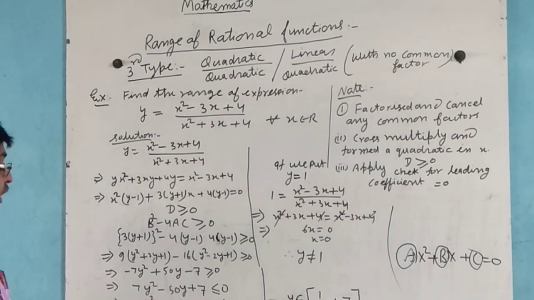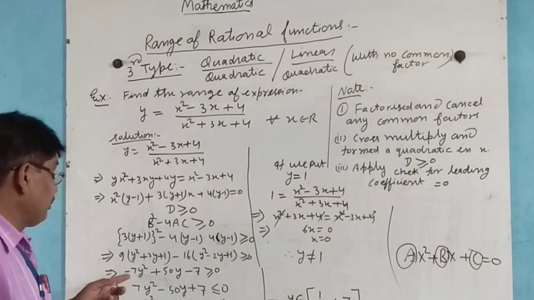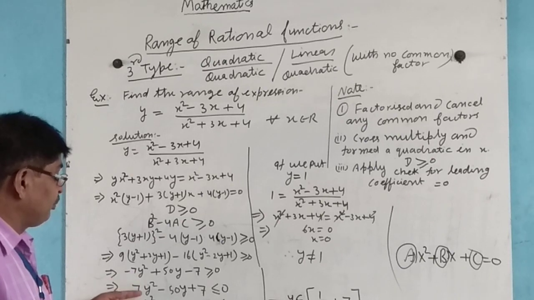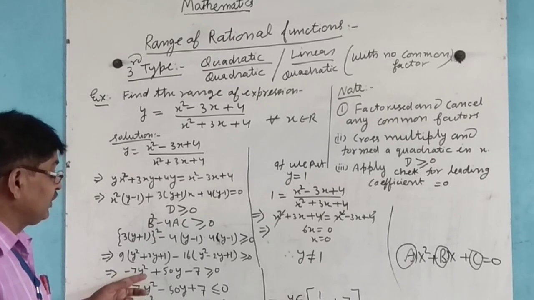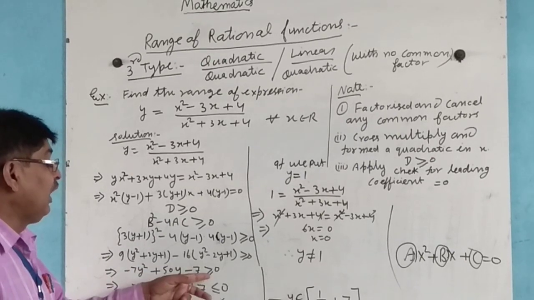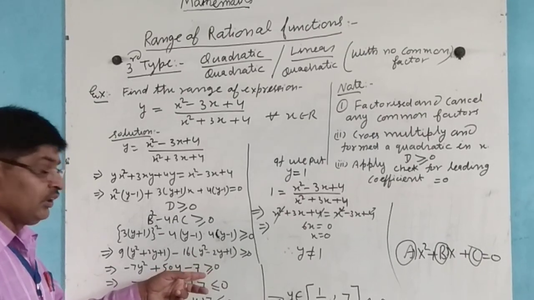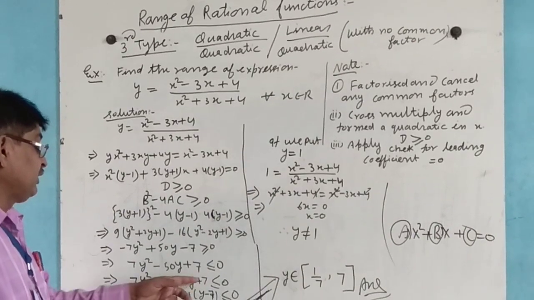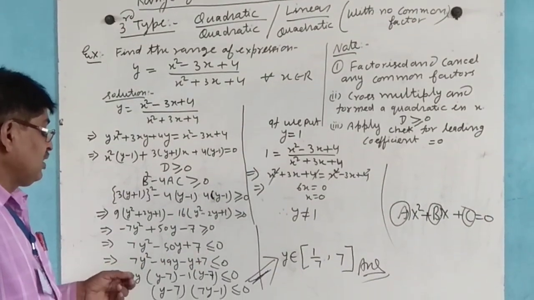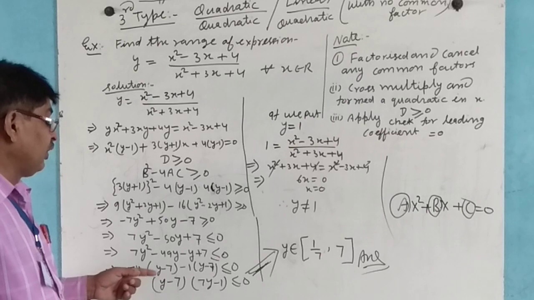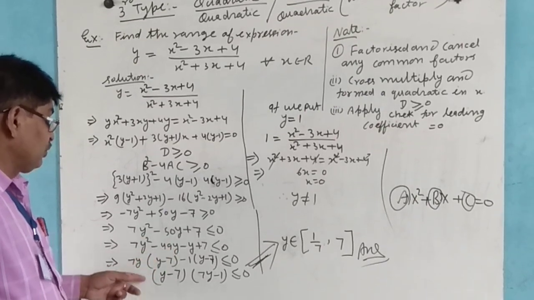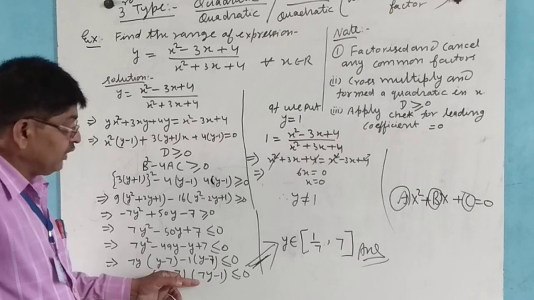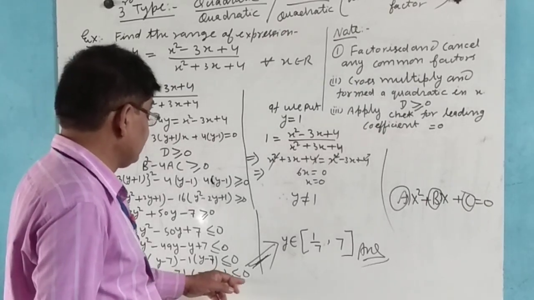But we apply the negative sign, then this becomes positive 7y square, negative and positive, and the inequality changes in this case to less than or equal to 0. Now factorize it, 7 times 7 is 49 and 49 into 1 equal to 50, so that we get the factors of this: y minus 7 and 7y minus 1 less than or equal to 0.